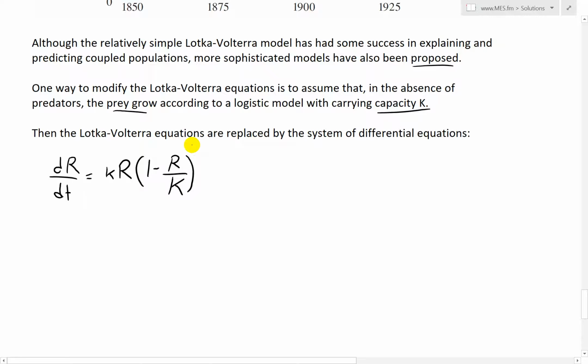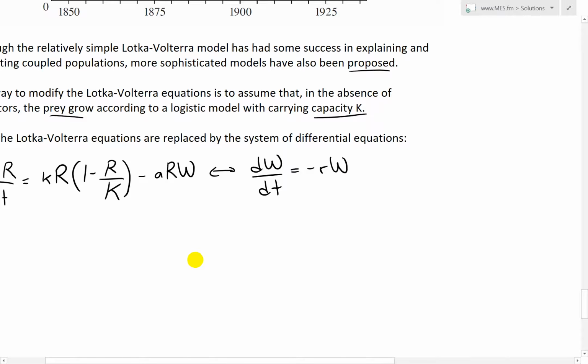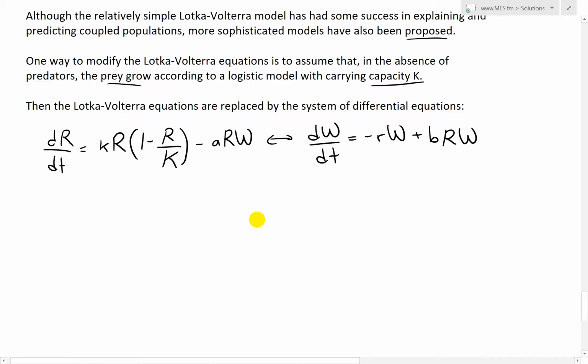If there were no wolves, it would grow exponentially, with the K adding a limiting factor, and then minus aRW, the presence of the wolves or predator. This is coupled with the one we've already covered, dW/dt, which is the decreasing population, minus rW, but increasing with contact with the rabbits by the term bRW.